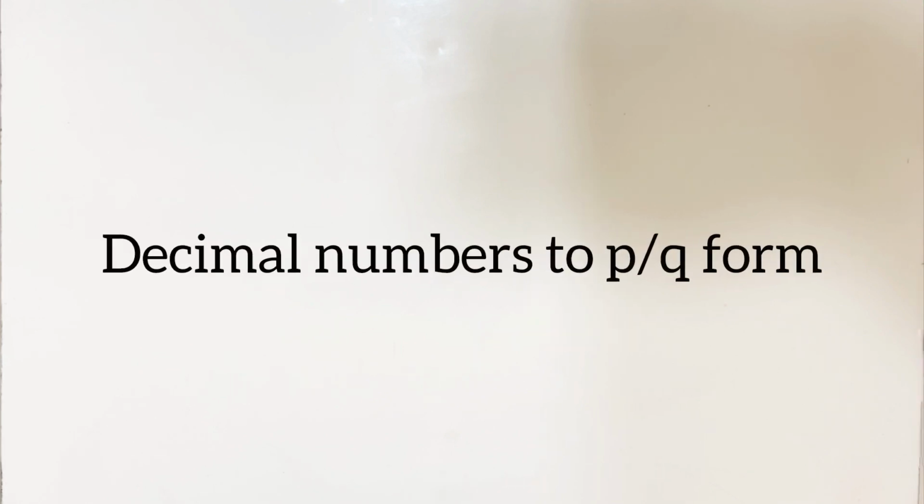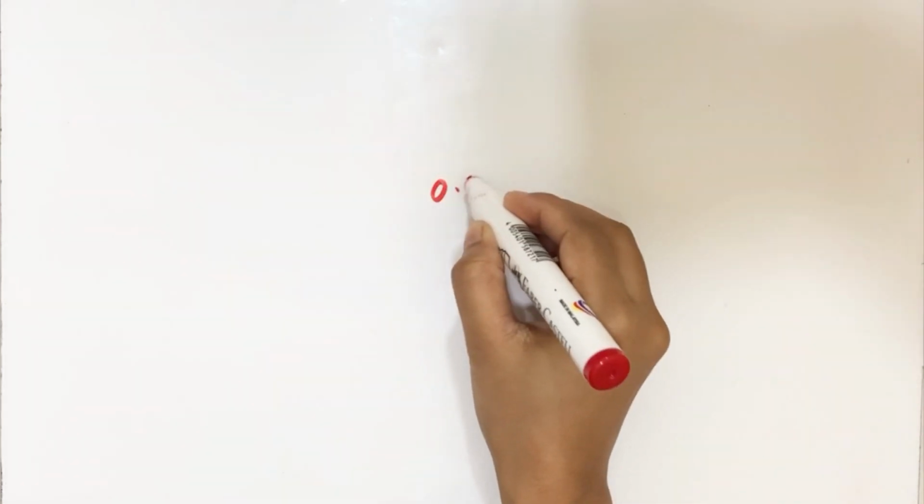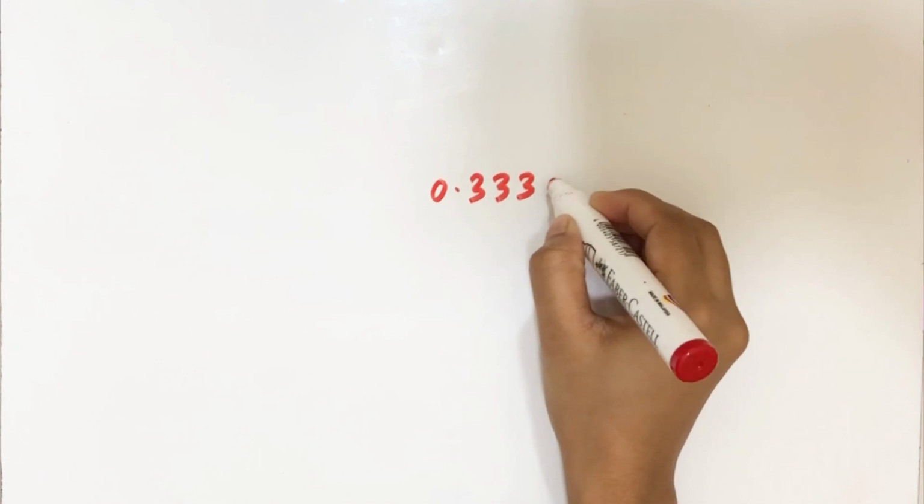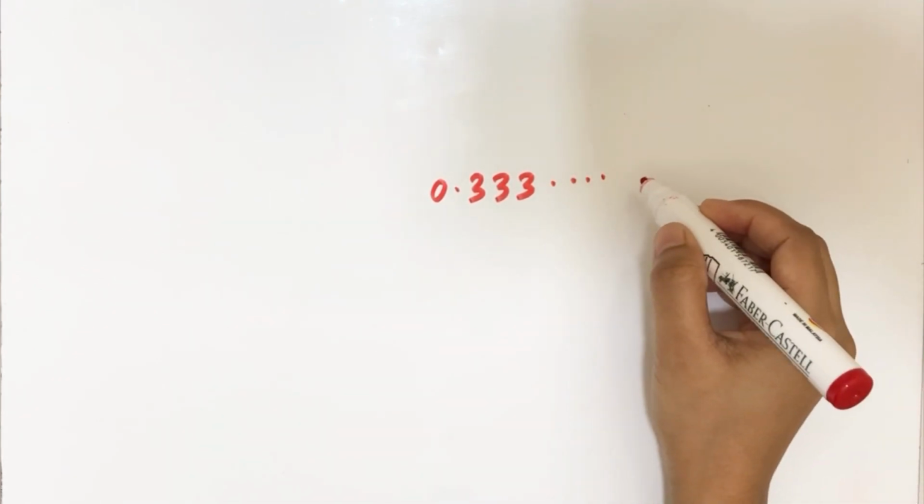Today we are going to discuss how to express decimal numbers as rational numbers or fractions. We can see how to express both repeating and non-repeating decimals as rational numbers. What is 0.333 etc.? Can you express it in the form of a rational number?